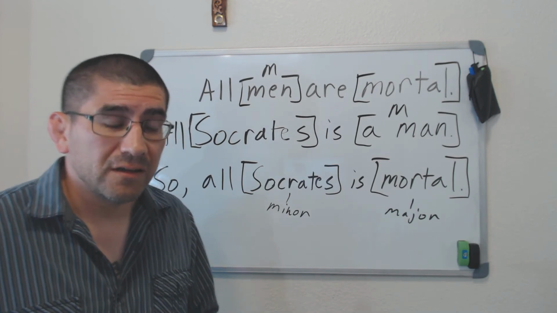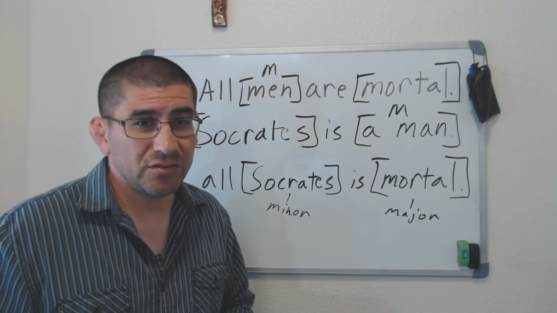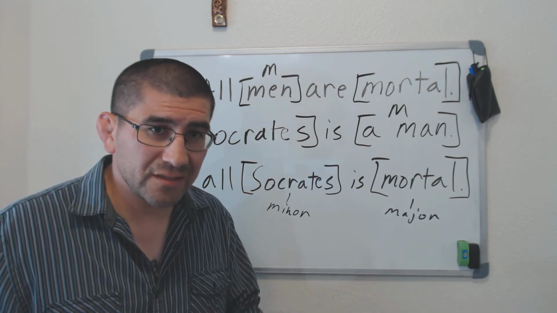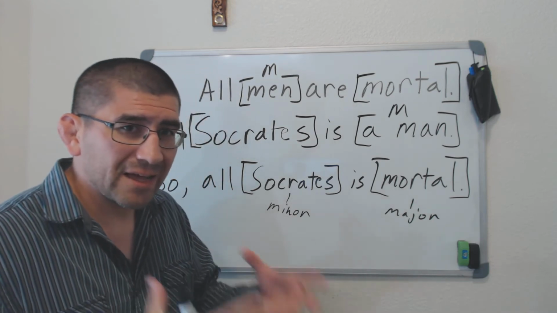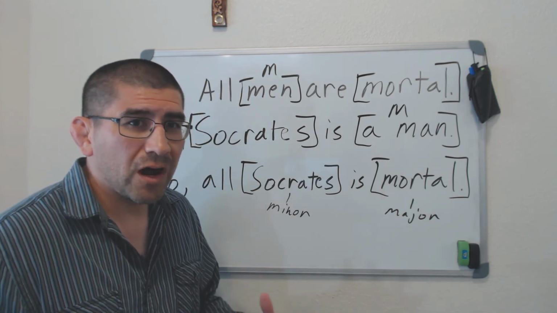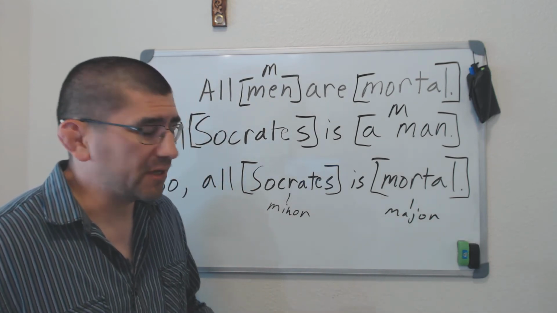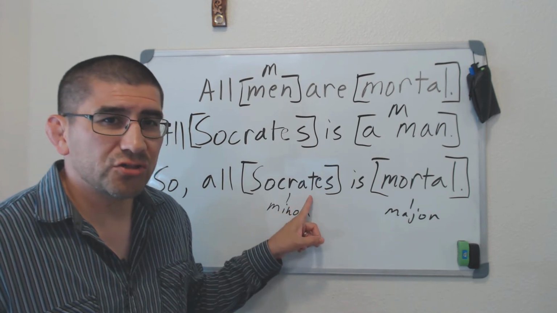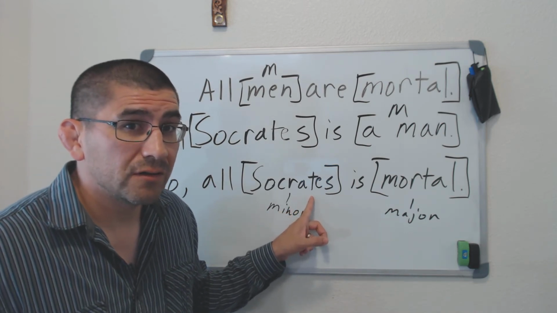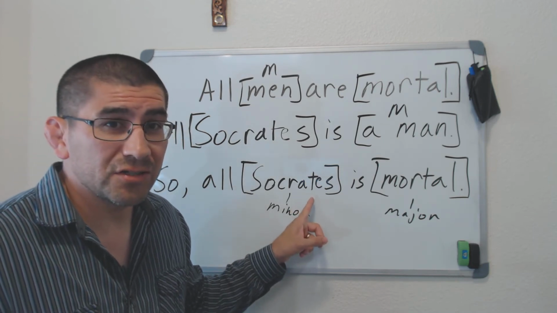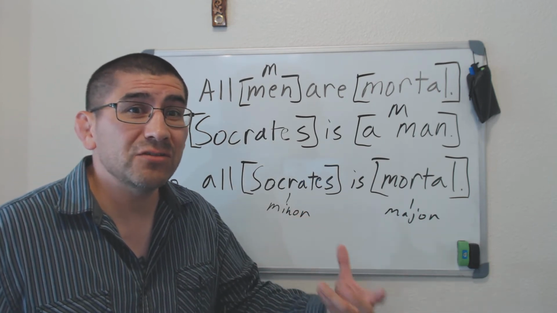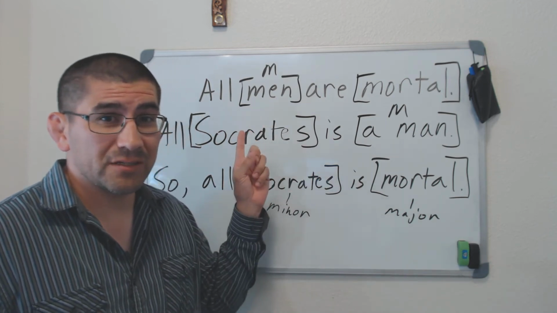Because remember, distributed means universal. So I just want you to think about this. I want you to think about why that's the case. Why, in order to have a valid argument, if there's a term distributed or universal in the conclusion, why it would have to be used in a universal way in the premise.